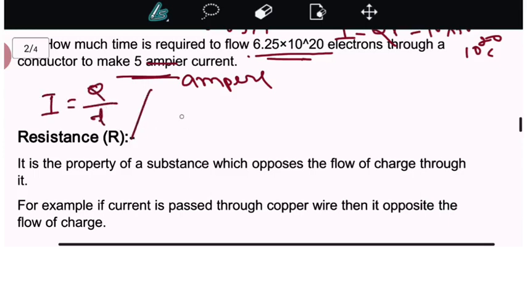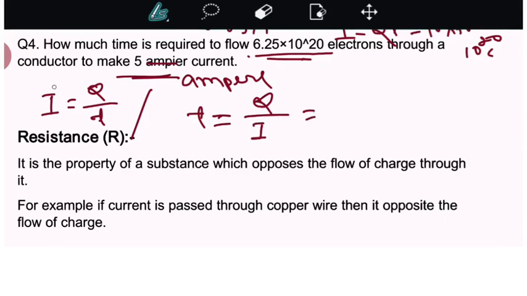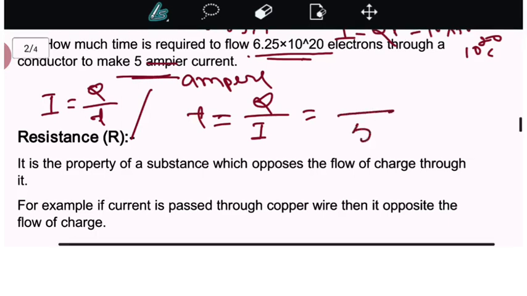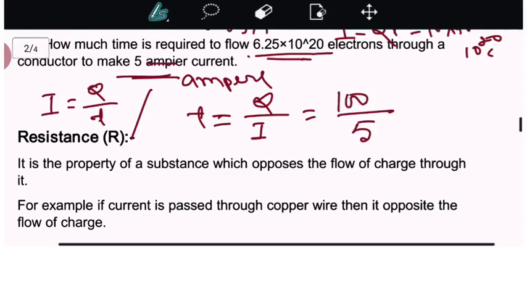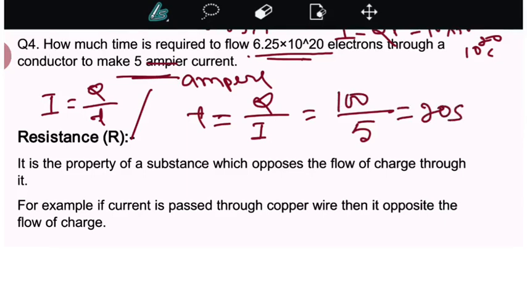Therefore, t is equal to Q by I. Q can be calculated from the electrons, and I is given, that is 5 ampere. So you have to calculate the amount of charge yourself. 6.25 into 10 to the power 20 electrons, and 1 coulomb charge consists of 6.25 into 10 to the power 18, means 100 coulomb will be the charge. So it is equal to 20 seconds. No problem in it.